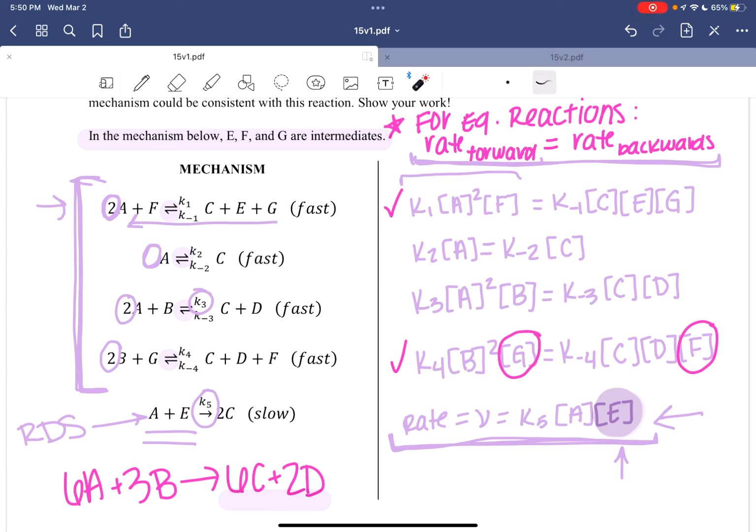The first has just C in it, but the second equation that we have left has both C and D in it.